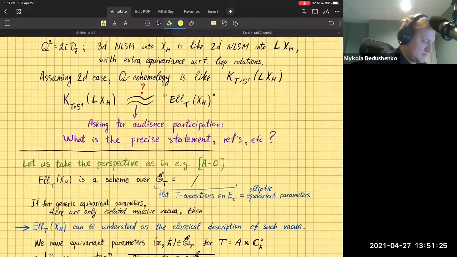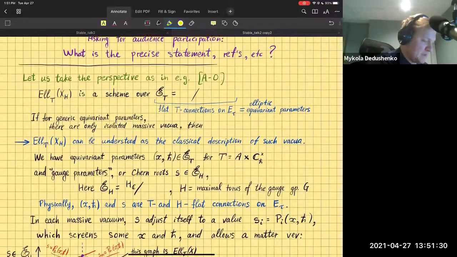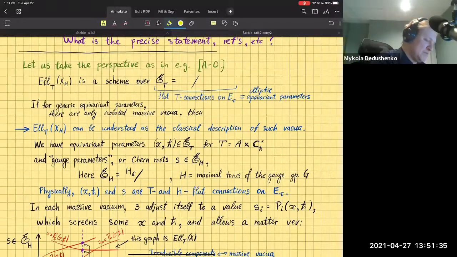Now let us take instead the perspective as in the work of Aganagic-Okounkov, namely we'll think of this as a scheme over here. We have this torus of flavor symmetries mod the lattice of cocharacters.